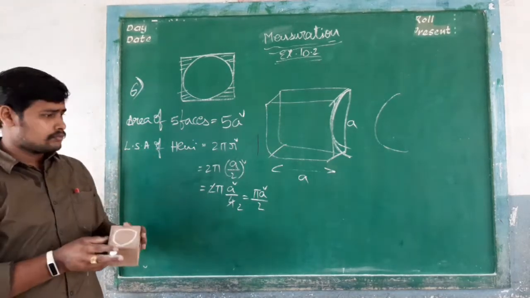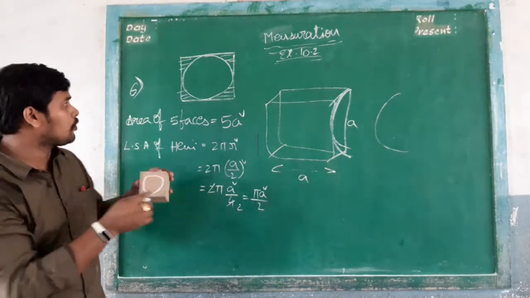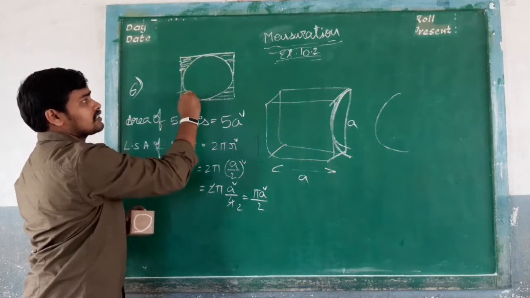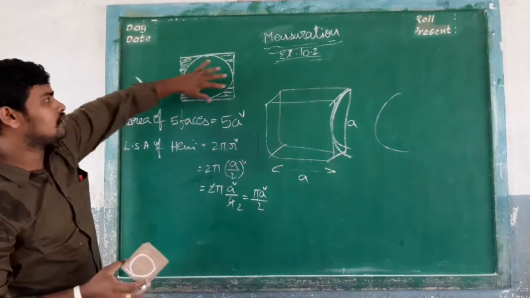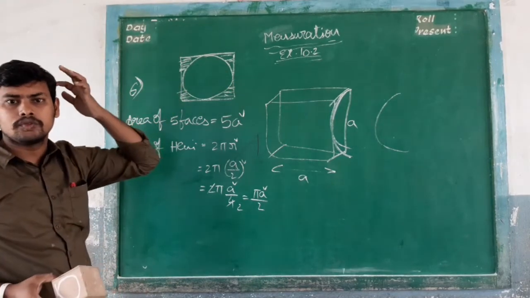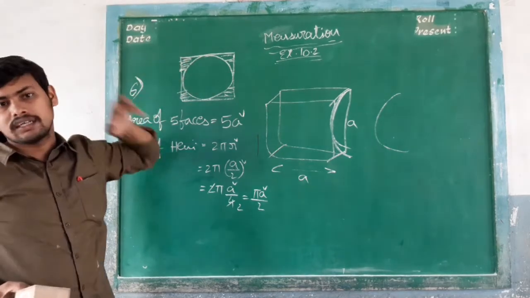So now you have to calculate this other surface area. How can you calculate the area of these corners? You simply calculate the area of the square minus the area of the circle.